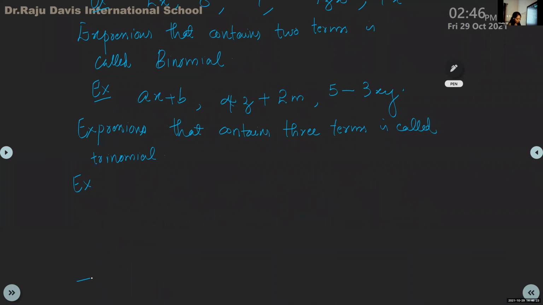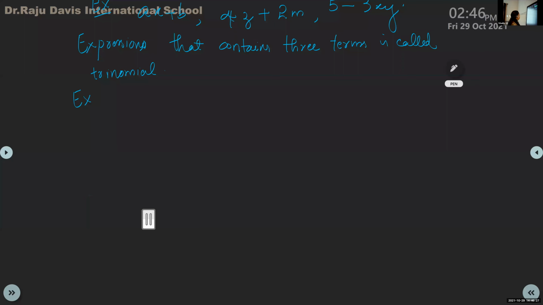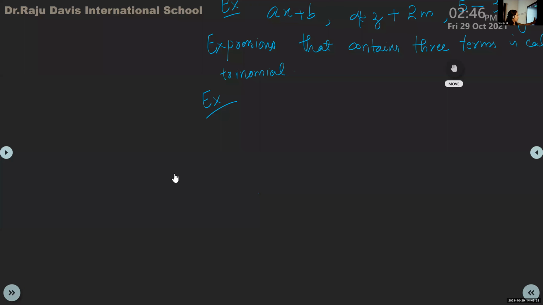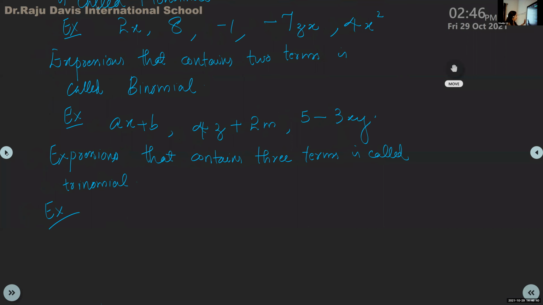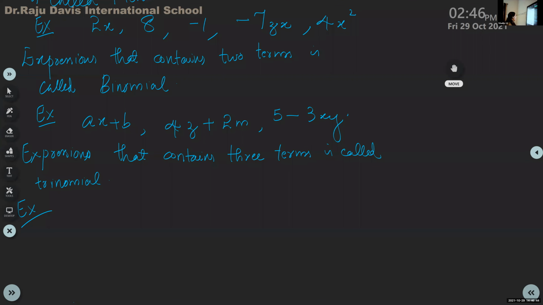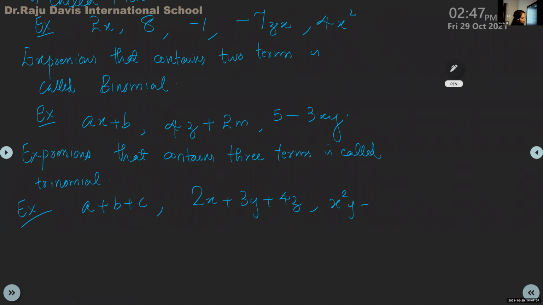Example: a plus b plus c, 2x plus 3y plus 4z, x square y minus xy square plus xy.